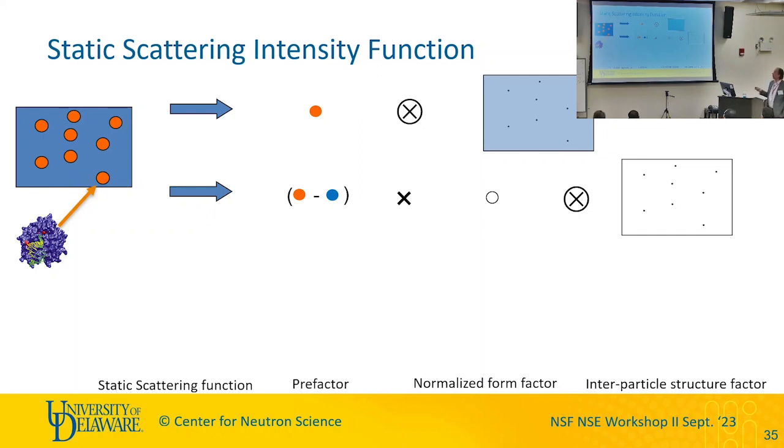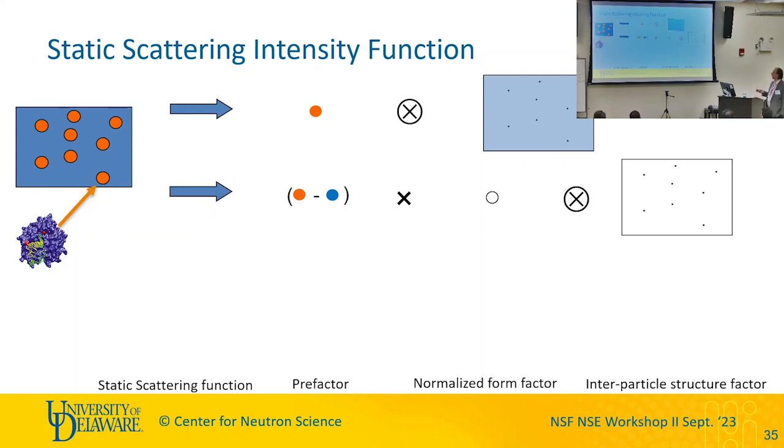And all I need to do then is think about, well, okay, if I take a snapshot, an image of my solution, I know where the proteins are located, right? So this is nothing more than a convolution, this is the convolution operator with this, right? So I get this by saying I put a protein and I decorate the positions with that protein and I get back this. Well, in scattering space, this is a multiplication.